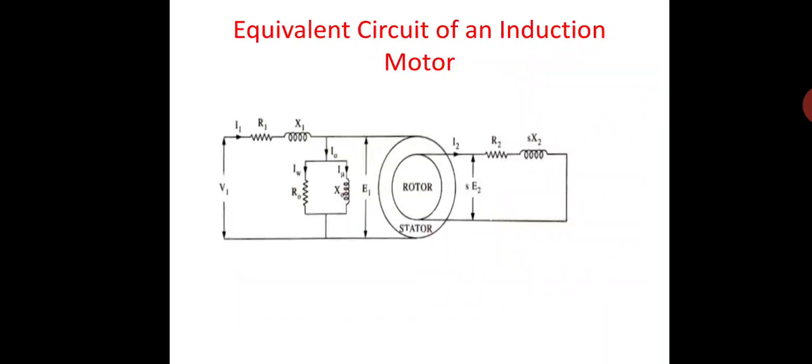That's why we can say that all the rotor parameters are affected by slip value. Let us see how the rotor voltage, rotor current and rotor reactance are affected by slip value.